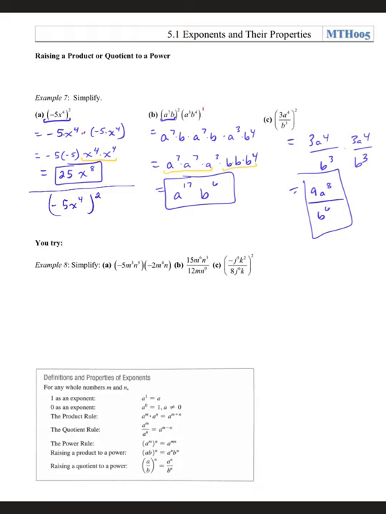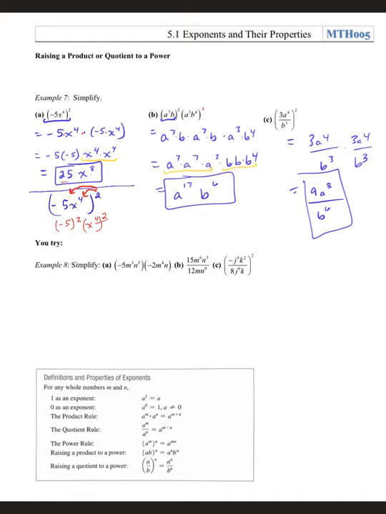If I add in after this 5 an exponent of 1, what we are doing here is taking this exponent of 2 and multiplying it by each exponent inside. So we'd have (-5) to the second power and (x to the 4th) to the second power.